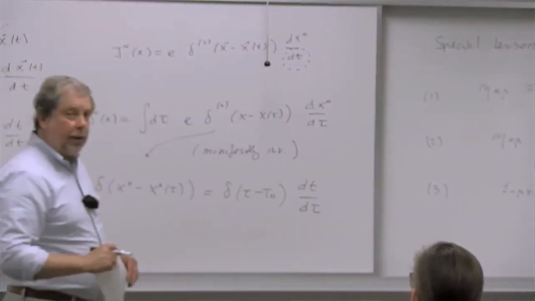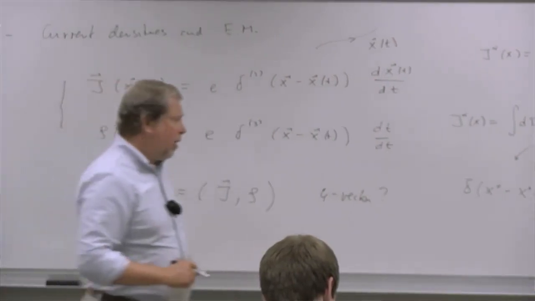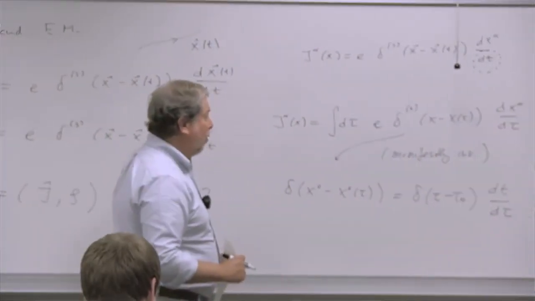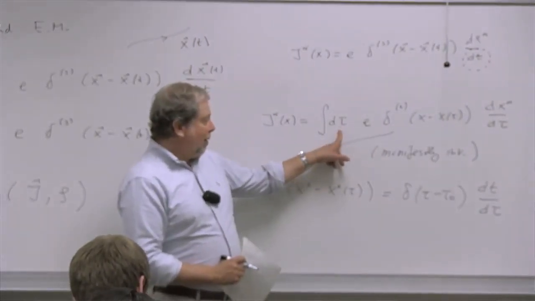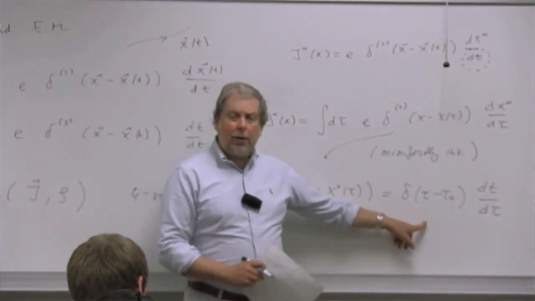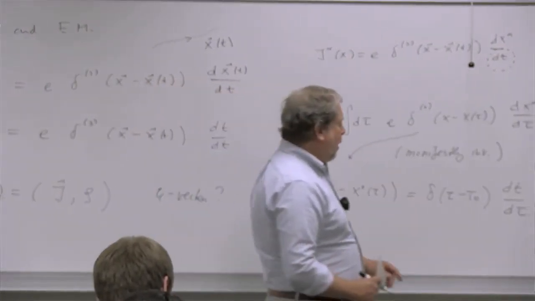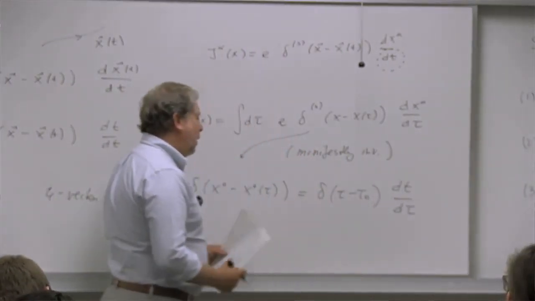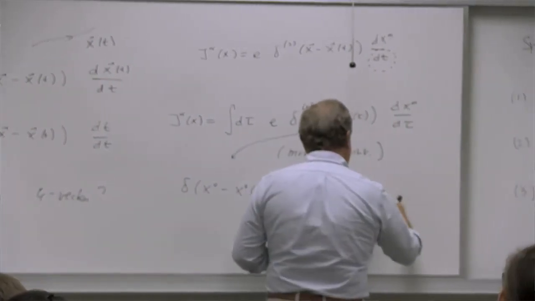It's this Jacobian, the derivative of the argument of the delta function with respect to the variable, dt by d tau. And so now we can do the delta function integral because we have an integral in d tau, and the integral of the delta function is 1, so that goes away. And what about the d tau by dt?